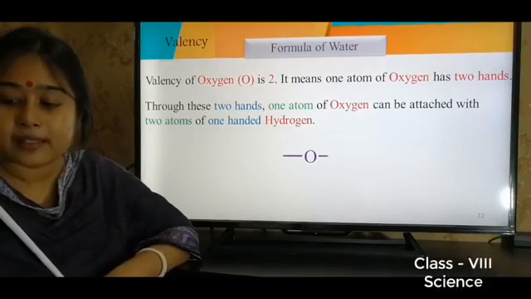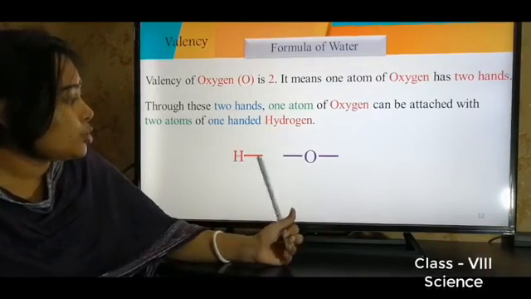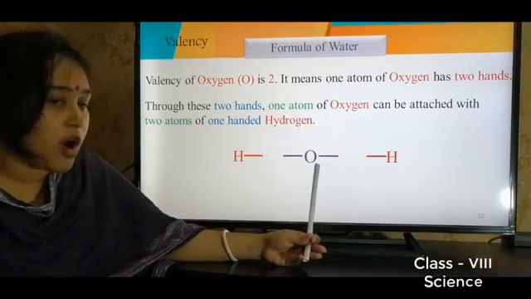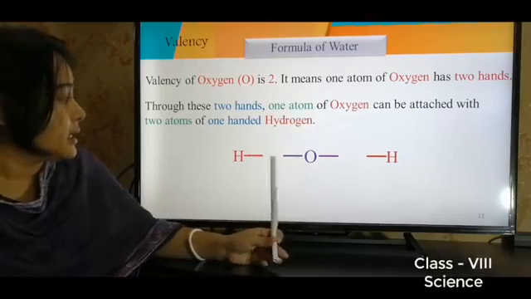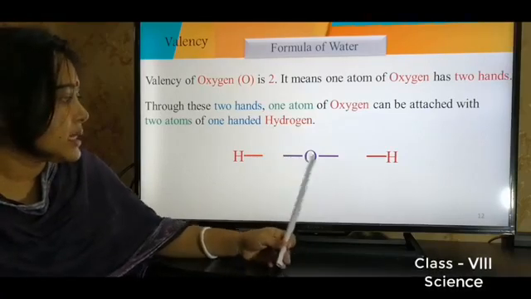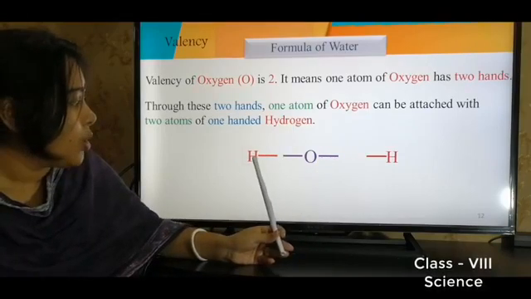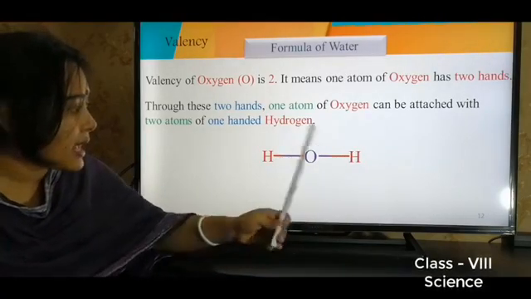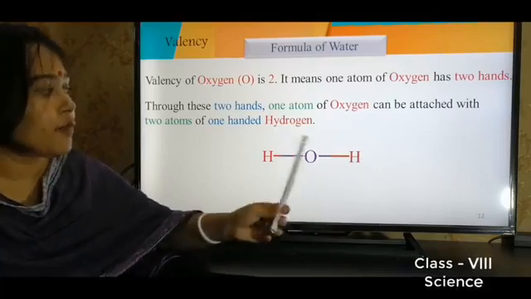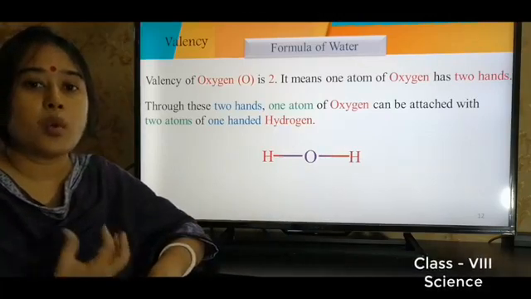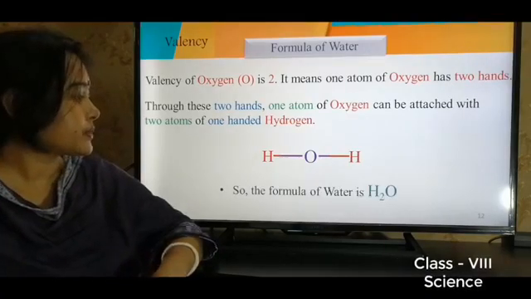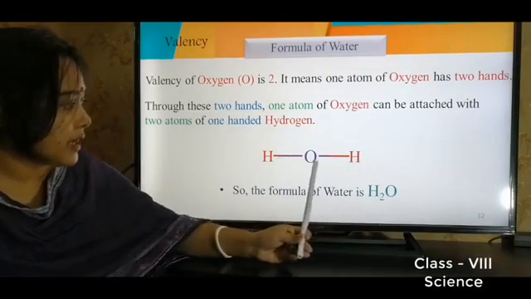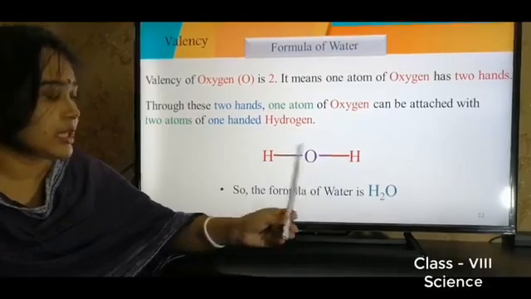With these two hands, oxygen is holding two one-handed hydrogen atoms, making a chemical bond and forming a new compound, that is water, H2O. The formula of water is H2O. You can see two hydrogen atoms and one oxygen atom attached here.